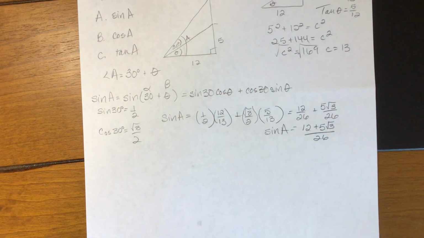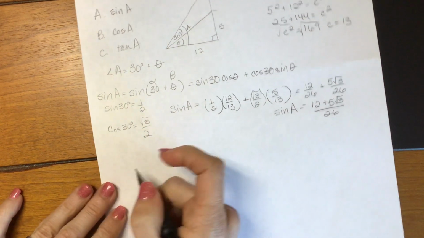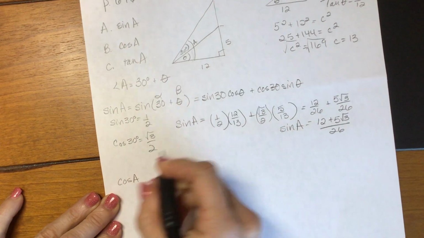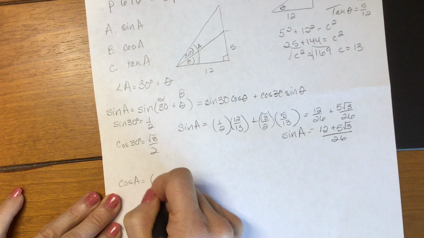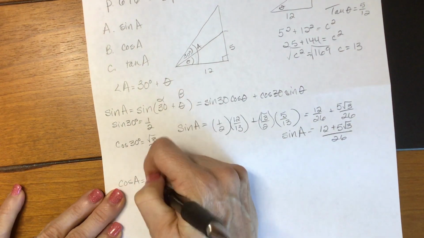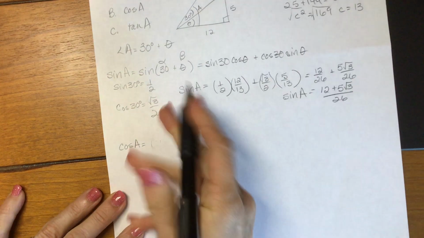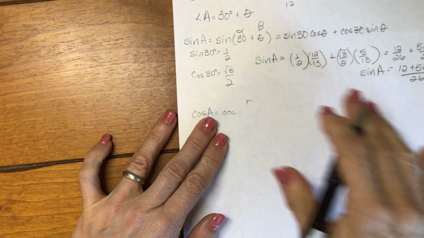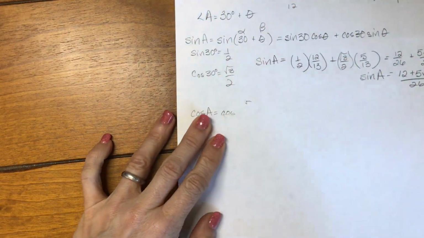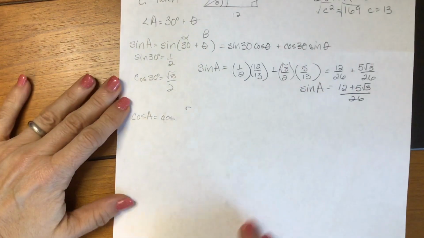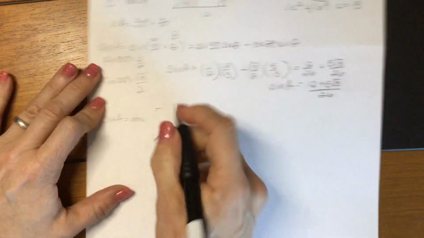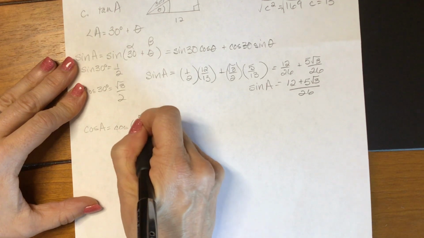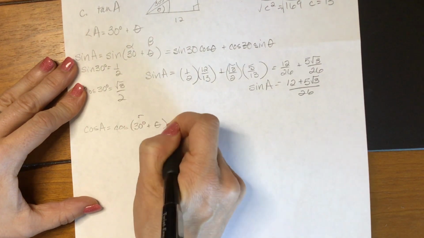Now we can go ahead and find cosine of A. We know that cosine of A is made of cosine of 30 degrees plus theta. Sorry about that, I don't have a good flat surface because the thing that holds my camera up leaves a bump.